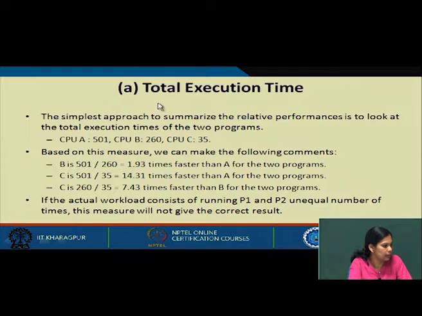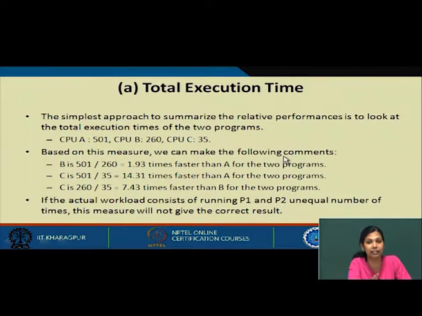So, let us see the total execution time first. What is the total execution time? For CPU A, the total execution time is 501, CPU B, the total execution time is 260 and CPU C, it is 35. Based on this measure, what we can comment is B is 1.93 times faster than A for 2 programs.